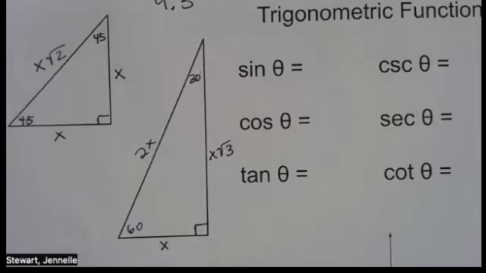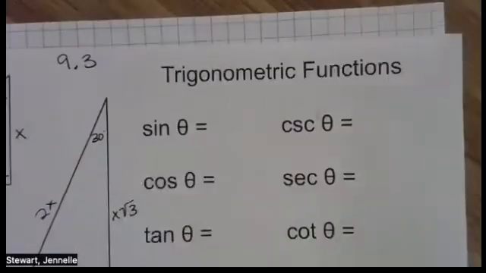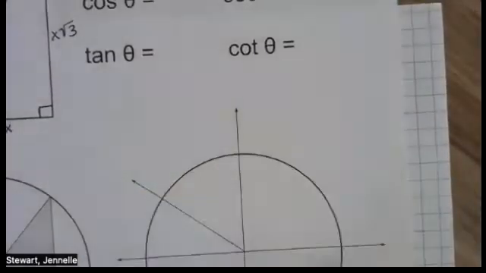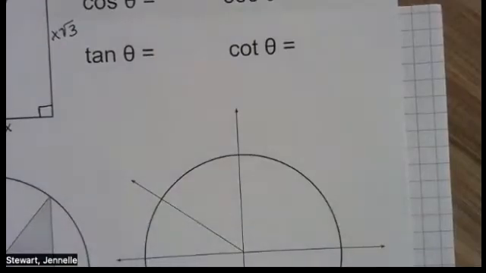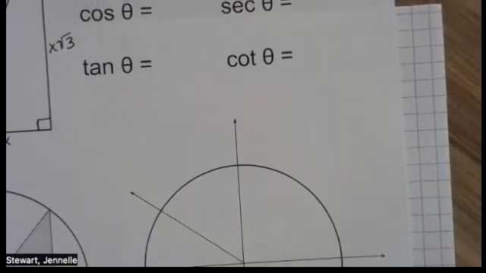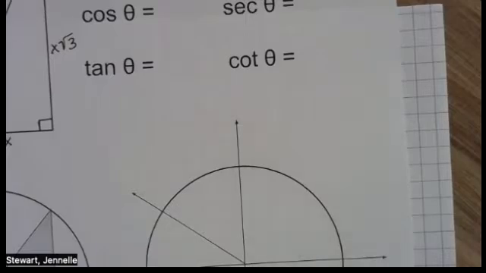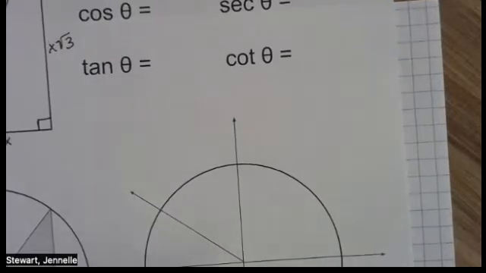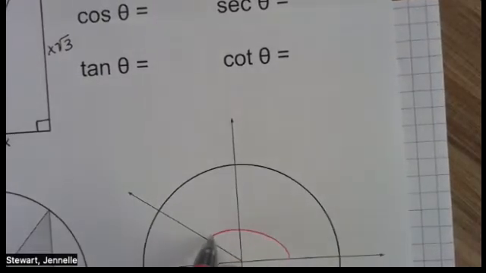Okay, so I put a little box here, and this is where you're going to draw your picture that's in the book on page 478. So on 478, I want you to draw, and I'll do mine too. This angle from here to here is going to be theta.